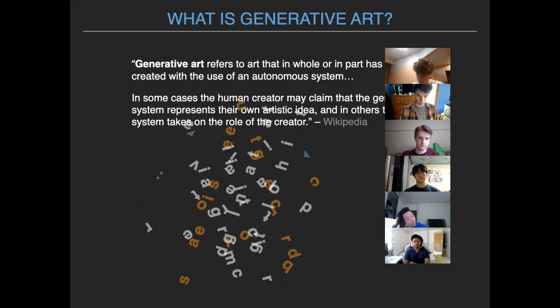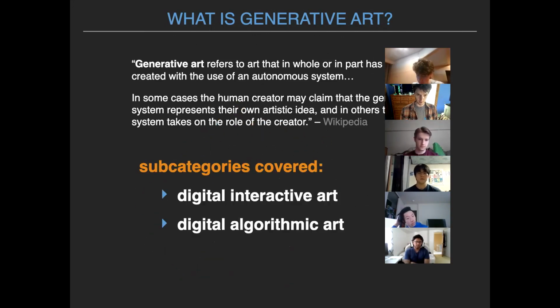So this breaks down into these two categories: interactivity or algorithmic. If you're really interested in pursuing an algorithmic type of piece, you could talk to me. We could probably make that work. Otherwise, everybody else is going to be working towards an interactive piece.